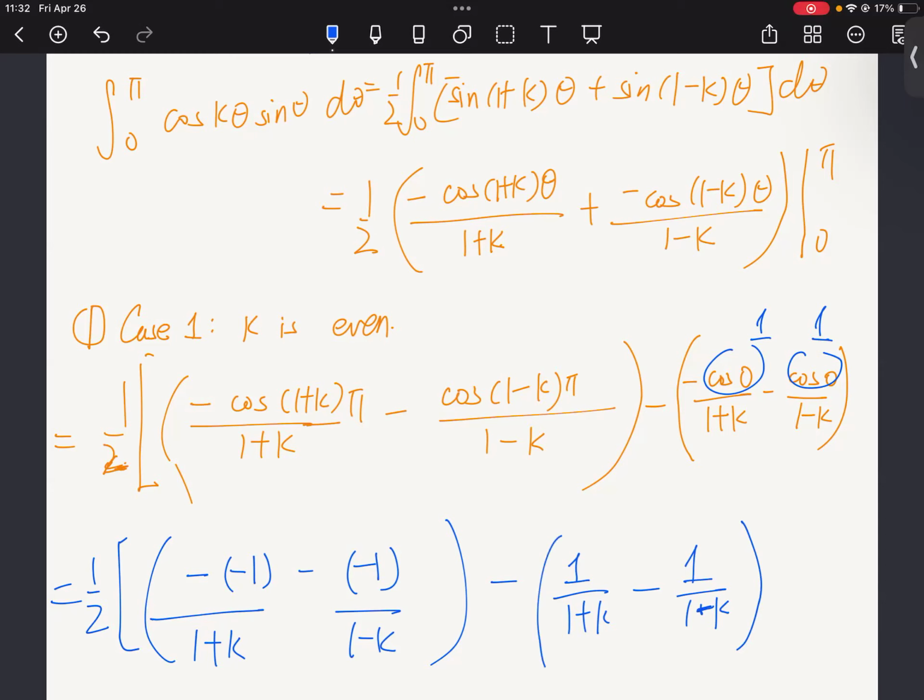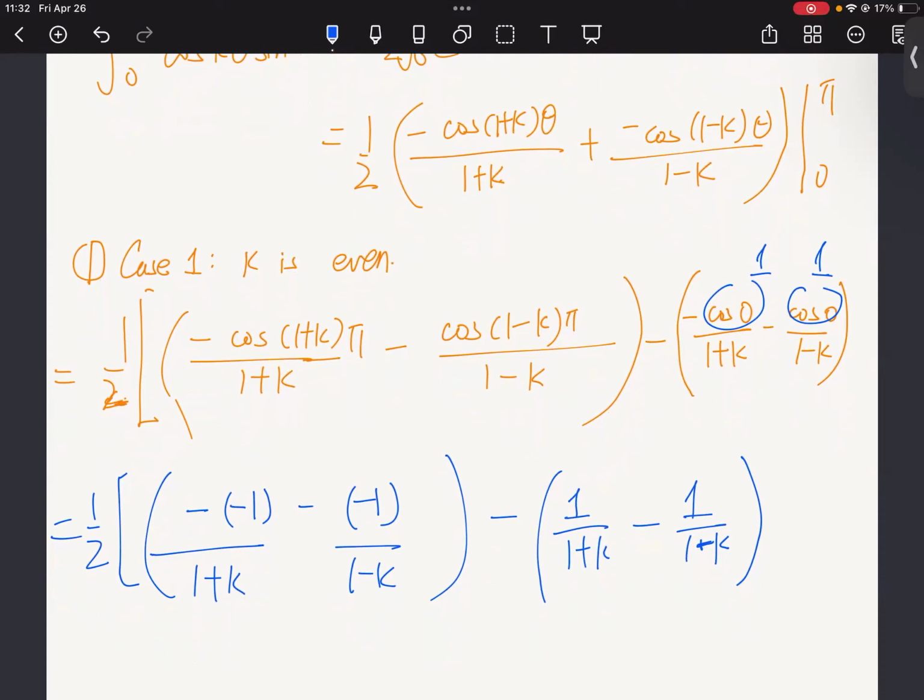Am I right here? Did I do anything wrong here? No, hopefully no. There's a negative 1 here as well. Okay, good. So at the end of the day, I got 1 over 1 plus k, and then plus 2, and then 1 over 1 minus k here. Am I right?